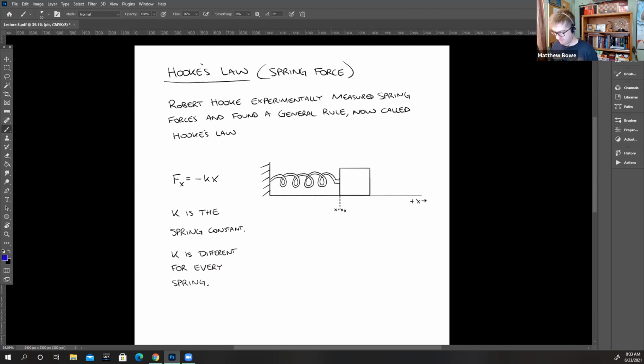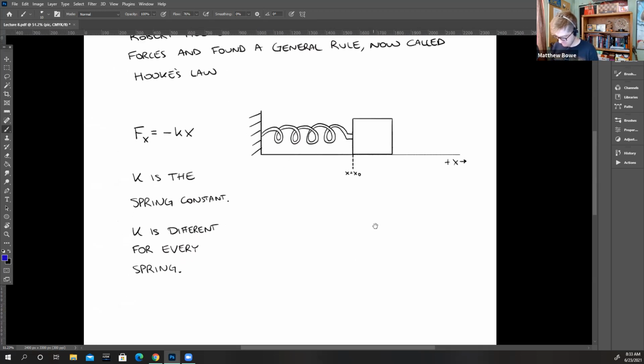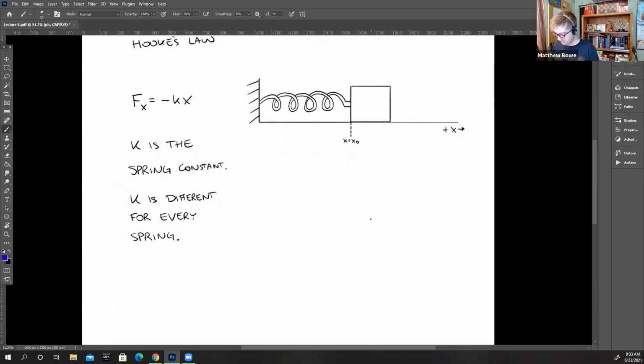So let's say we have a spring that is kind of stretched, but it rests at this position. Zoom in a bit. So this is the equilibrium position. That's where it rests naturally. If you were to compress it, it would want to go back to this spot.